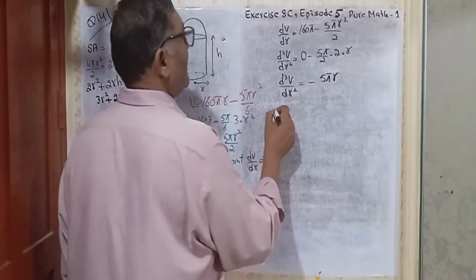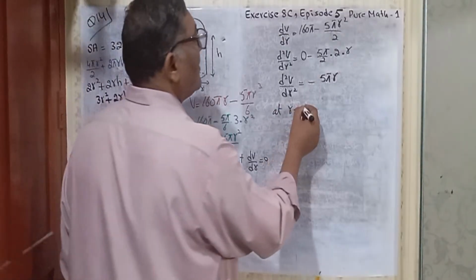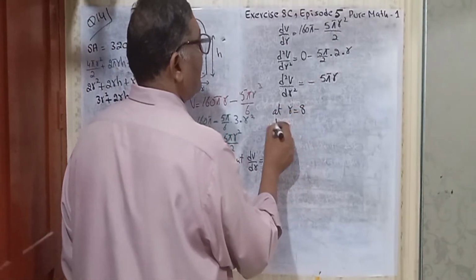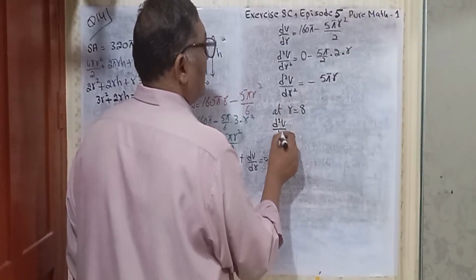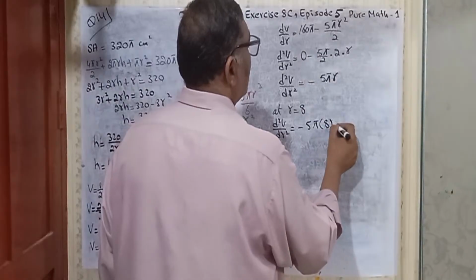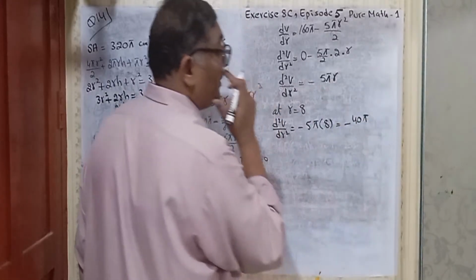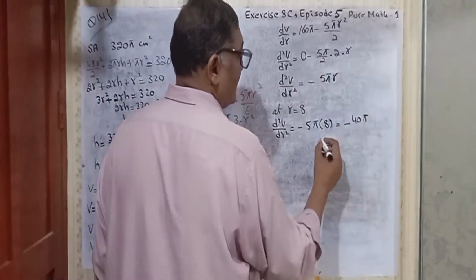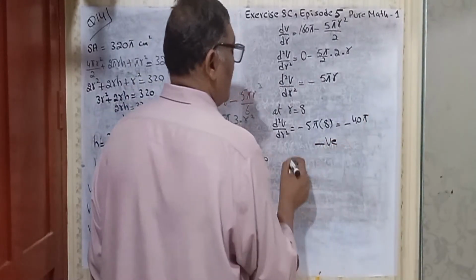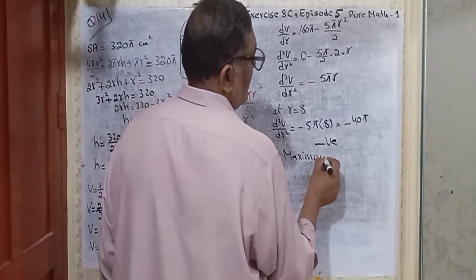At r equals 8, that will be minus 5 pi into 8, which equals minus 40 pi. 40 is positive, pi is positive, so this answer is negative. So this is a maximum point.